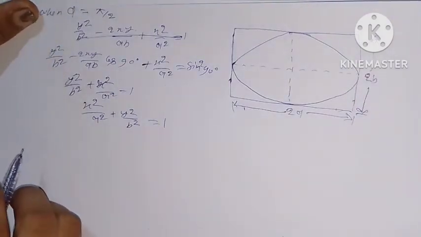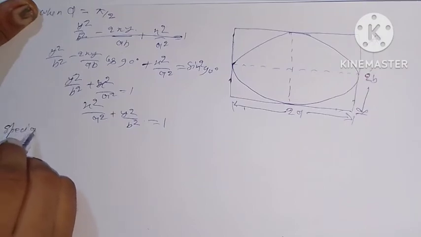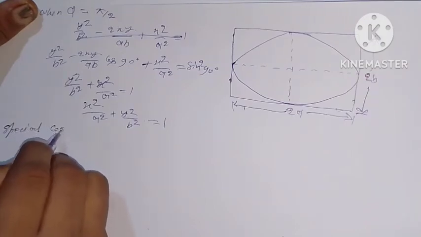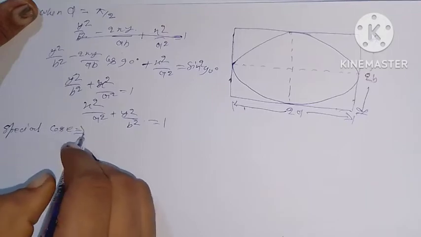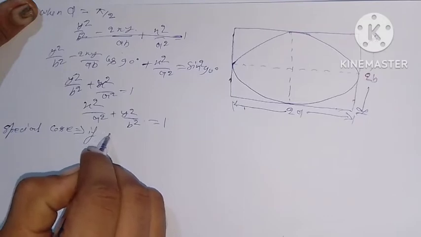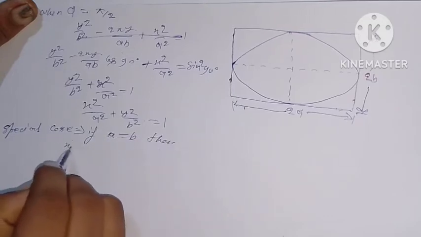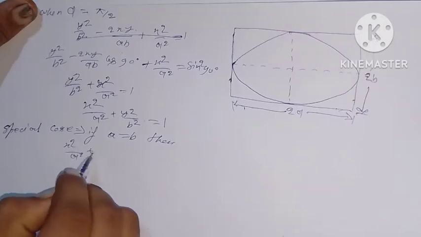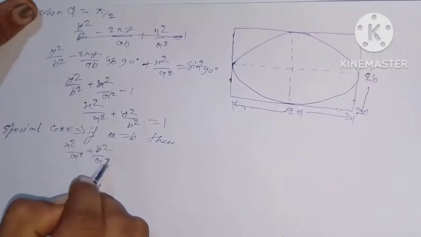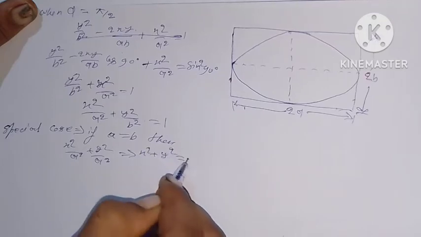Special case. If the amplitudes are equal, that means a equal to b, then x square upon a square plus y square upon a square, that is x square plus y square equal to a square.